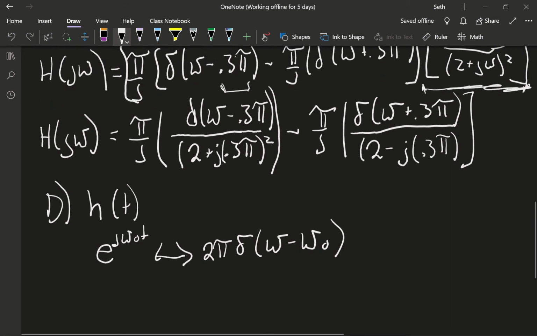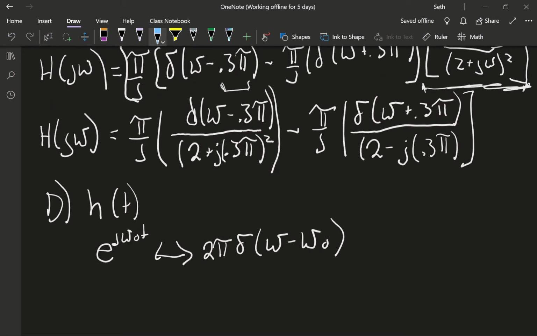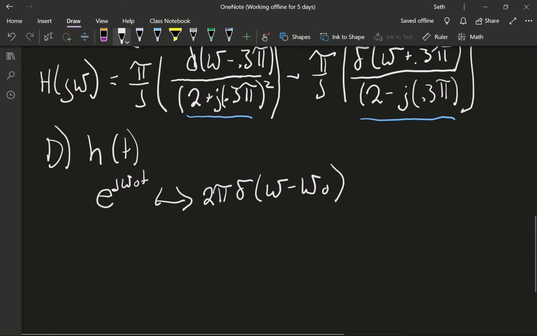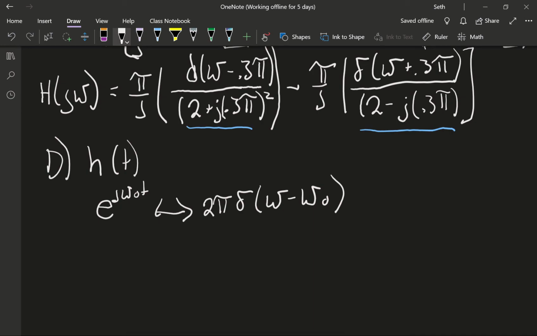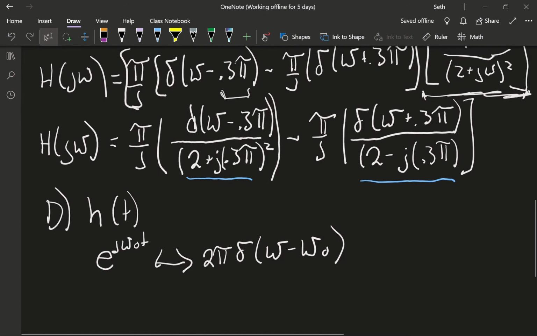You'll notice the denominator here is no longer a function of j omega, so that's just a constant. That would probably be where you run into difficulty in this problem.